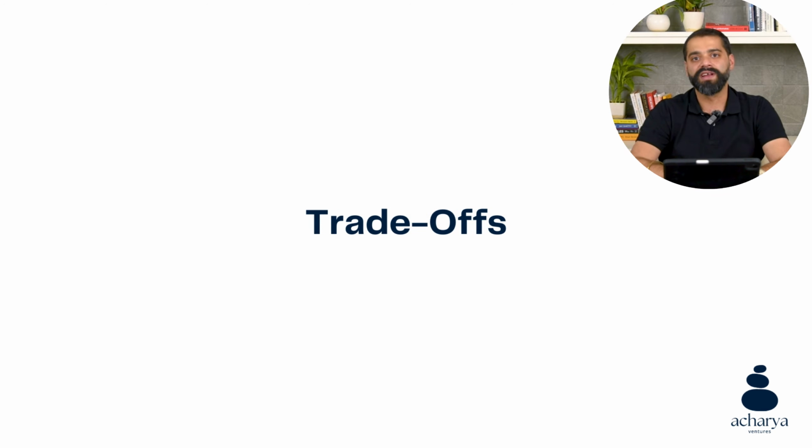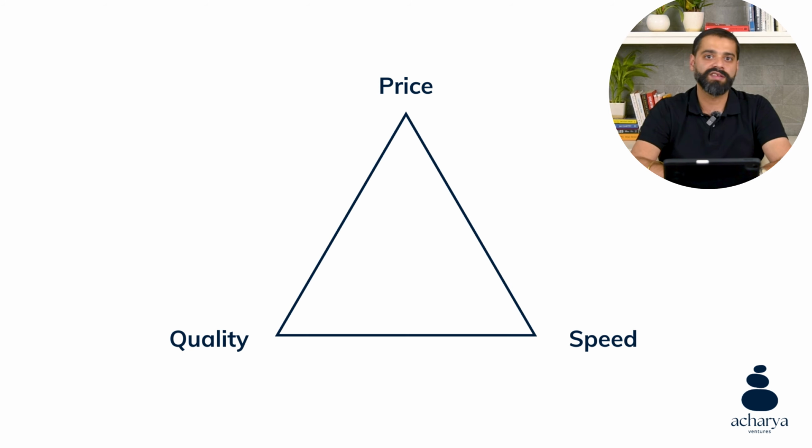And when you do something like this, there are always going to be trade-offs, right? There are going to be trade-offs between the price, quality, and speed. In my experience, you can choose 2 of these. If you want something quick, you might have to compromise on the price, right? Let's take an example. You want a cake. You want a cheap cake.